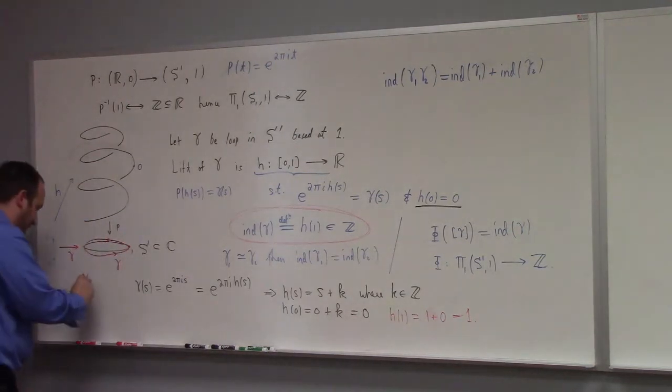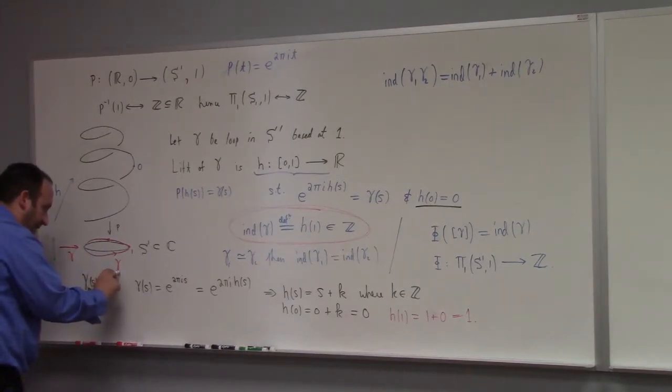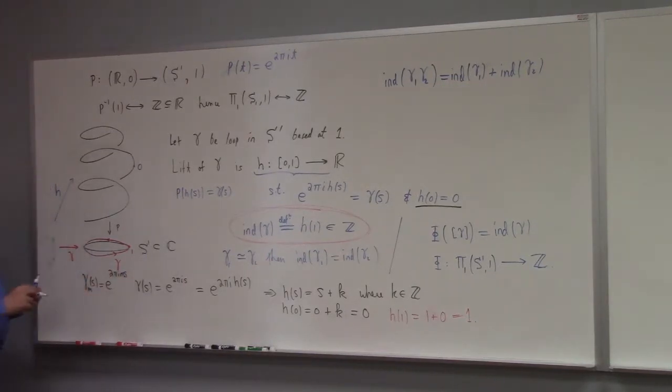It is e to the 2 pi i m s. We just speed it up m-fold. Then as we cycle from 0 to 1, we go through a 2 pi m angle, which goes m times around the unit circle in the counterclockwise sense.